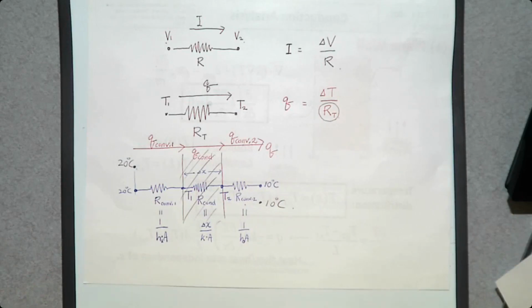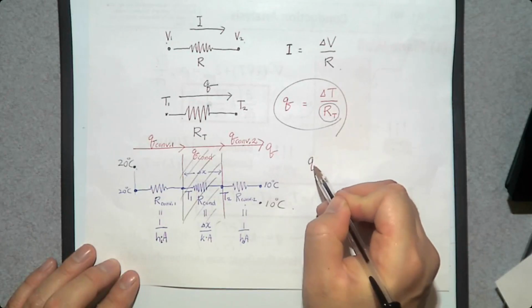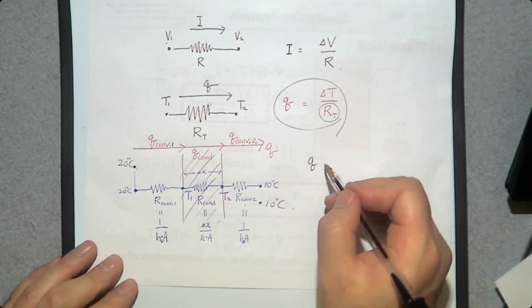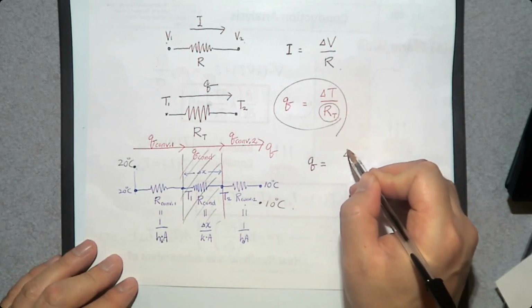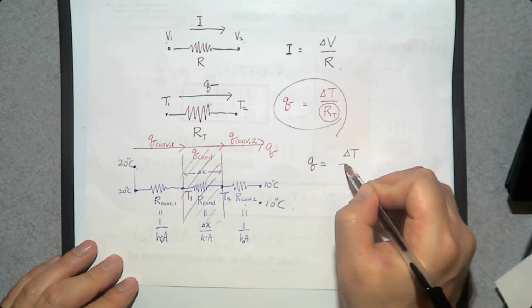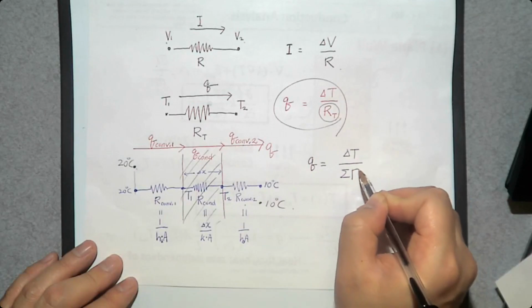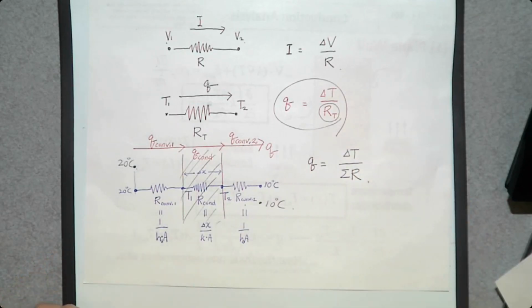Then we can come up with this equation, Q, the rate of heat transfer or heat rate, there are many names, is going to be delta T over the sum of resistances. Then what kind of delta T?